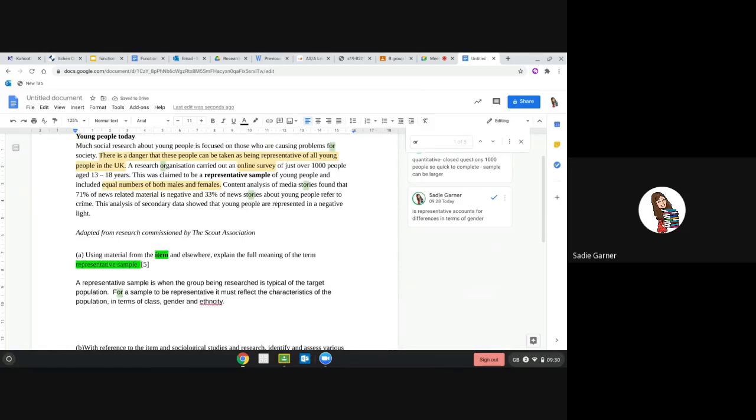For it to be representative, it must reflect the characteristics of the population in terms of class, gender, and ethnicity. That's a definition. Quite a long one, but that's, I'd argue, is the definition mark.